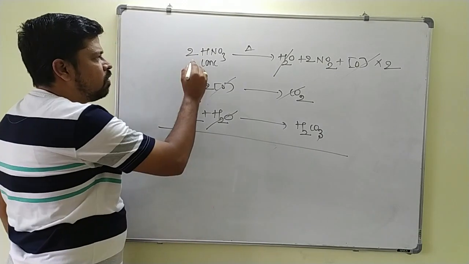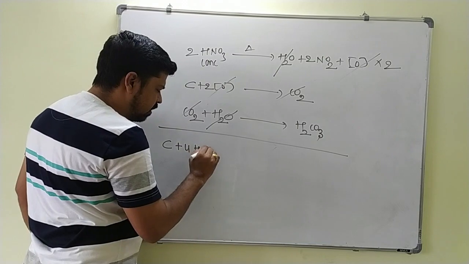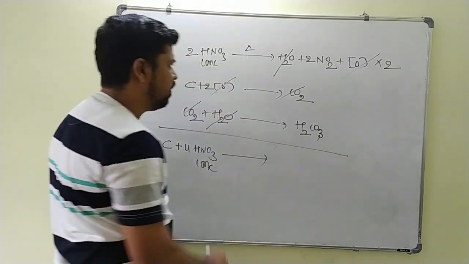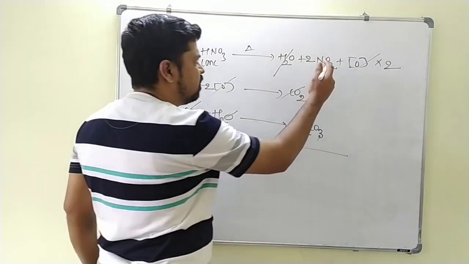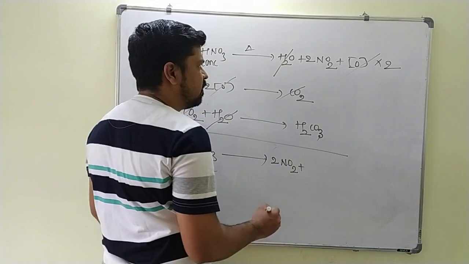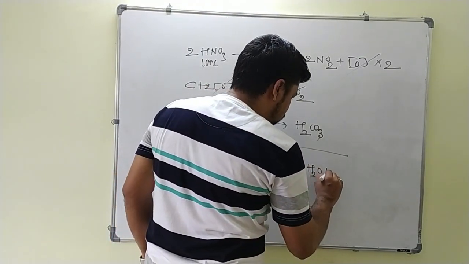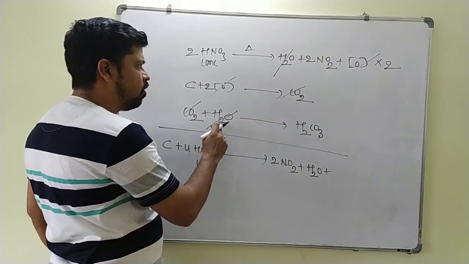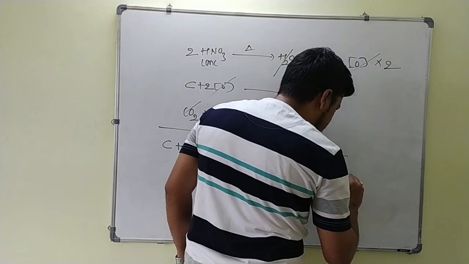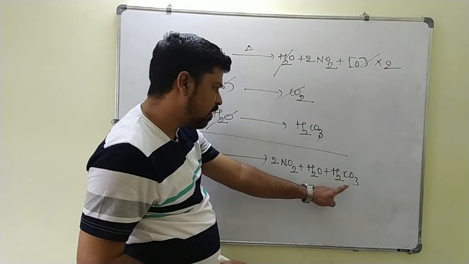So what you can write here? Carbon combines with 4 moles of concentrated HNO3, giving 2 moles of NO2 plus 1 mole of water. Here 1 mole of water is remaining because 1 mole is cancelled, plus H2CO3. But in the NCERT they have written it like this.